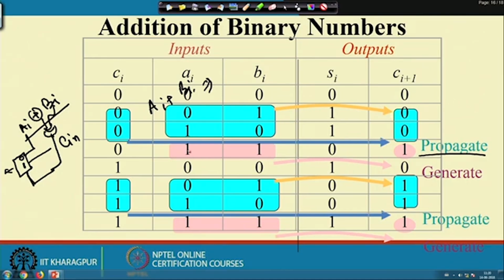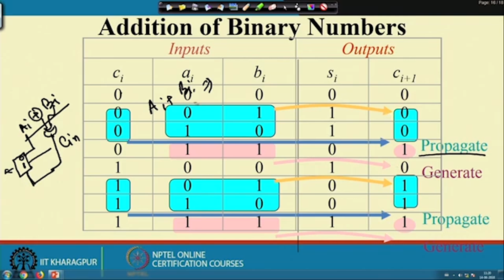What will happen for 1 and 1? For 1 and 1 and for 0 and 0, both are 0, right. So, at that time, for this 0 0 case and this 1 1 case, the C I is changing from 0 to 1, but here does it basically happen as 0 1?